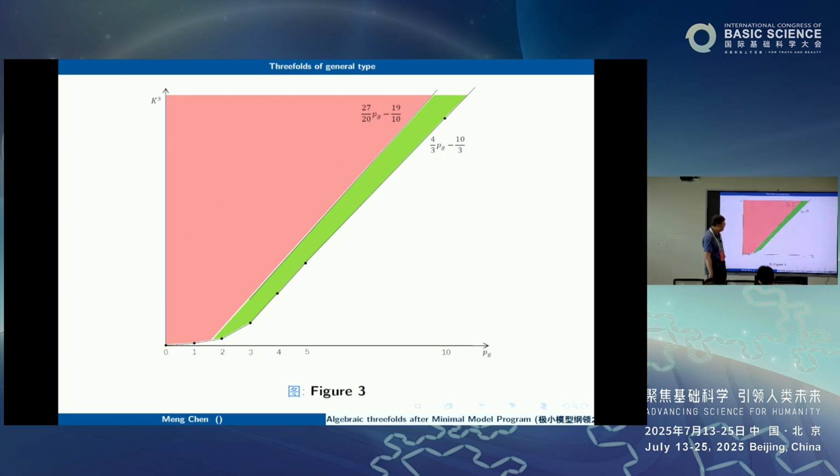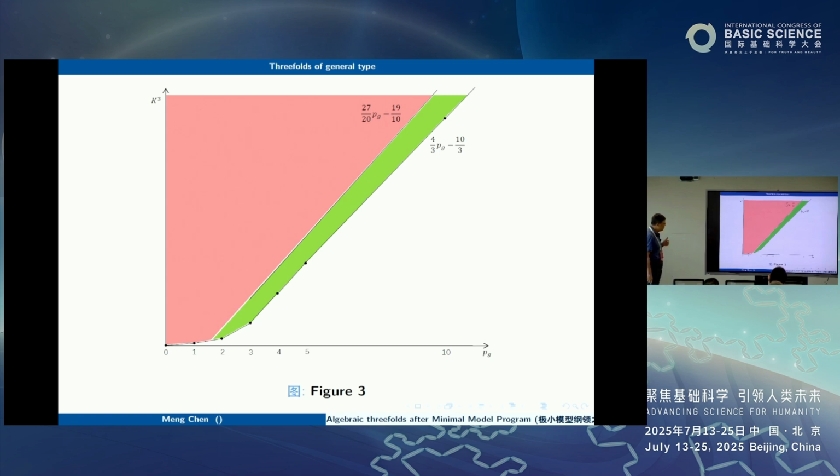But anyway, due to our recent work, we know that any threefold distributed below this line, in the green area, has a clear structure. Structure clear means, for example, they are fibered by curves of genus 2.